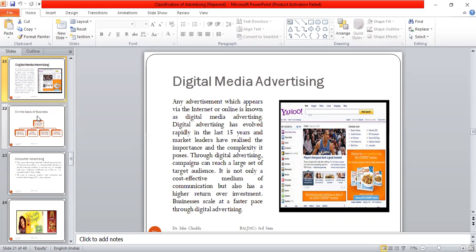It is not only a cost-effective medium of communication, but also has a higher return on investment. Businesses scale at a faster pace through digital advertisement. You can see in this image, on the page of Yahoo, the ads appear. This is one type of digital media advertisement.